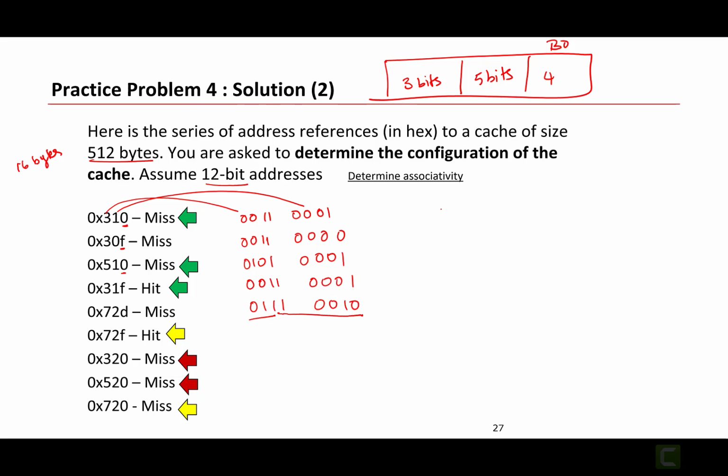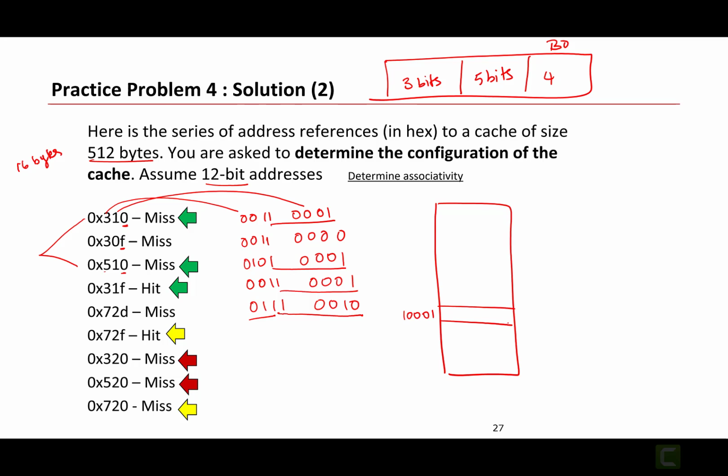Now let me simulate my direct mapped cache. You'll see that for the first one, the set index is 10001, and you'll also notice that the third address has the same set index as the first address, and the fourth one also has the same set index. So if it was a direct mapped cache, then these addresses would map to the same set index, which is 10001, which is really 17.